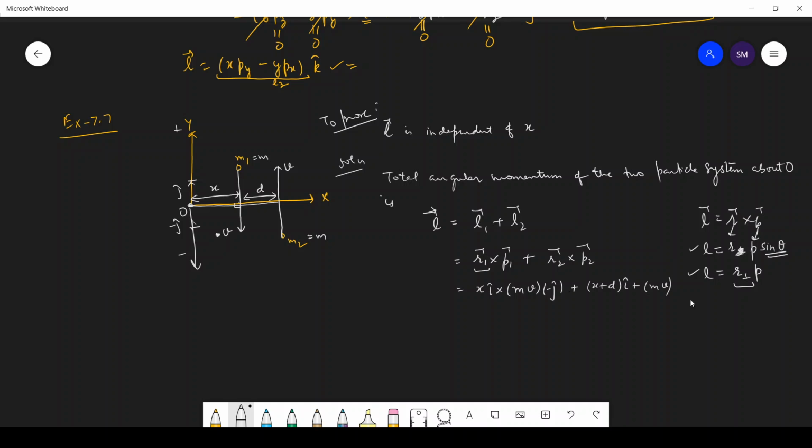They have the same masses and same velocity, and this direction is plus j cap.